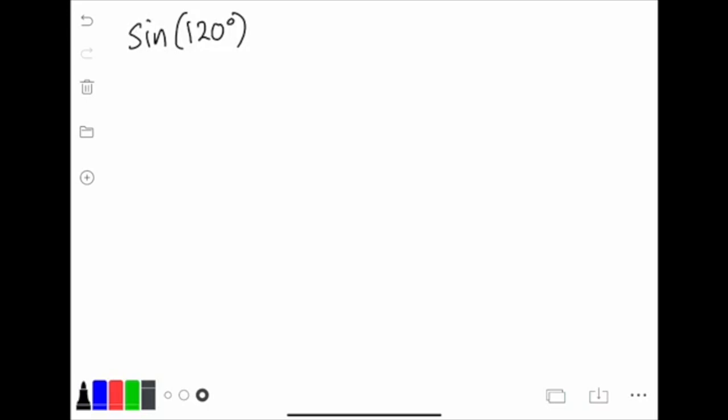However, it is impossible for a right triangle to exist with an angle 120 degrees. How can we figure this out? So let's try to determine what 120 degrees looks like in standard position. So 120 degrees is right here in the second quadrant.